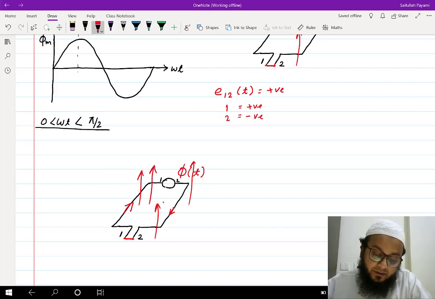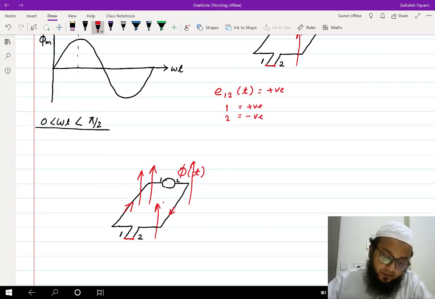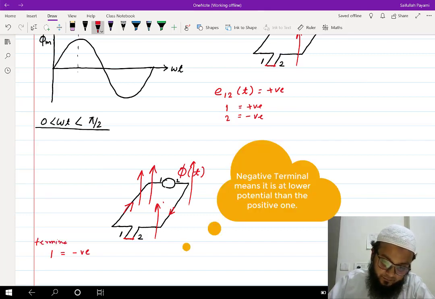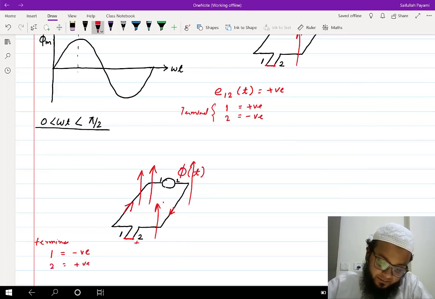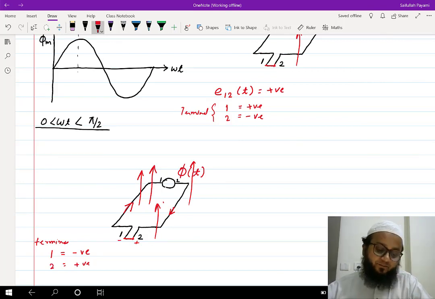So this is only possible when terminal 1 is negative and terminal 2 is positive. So if this is plus and this is minus, then only the current will go in.